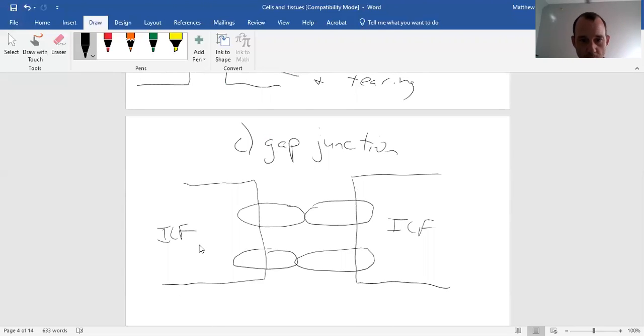Pretend there's no lines in between here. I can't erase that though. My point here is a gap junction connects the ICF up to adjacent cells. So now I'm able to move something from this ICF to this ICF.